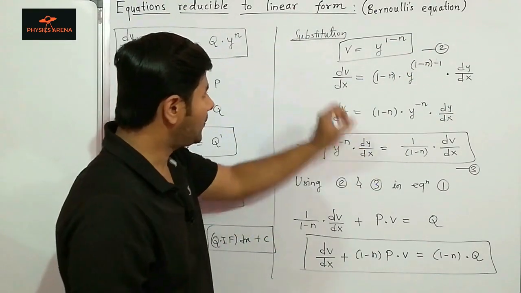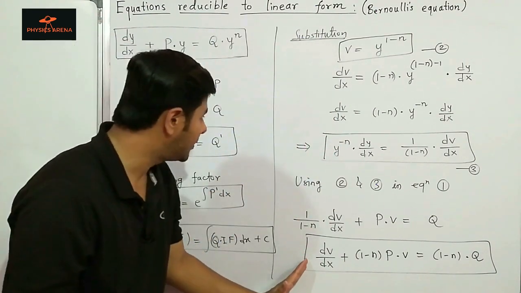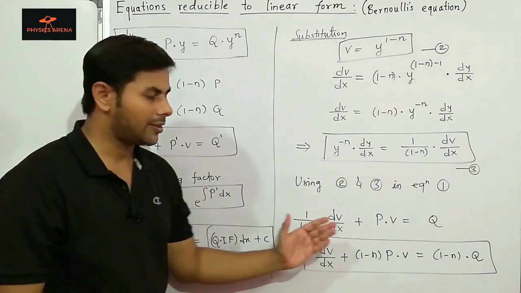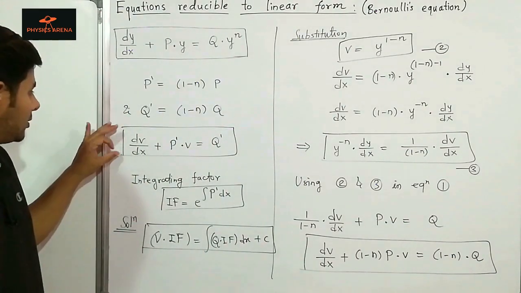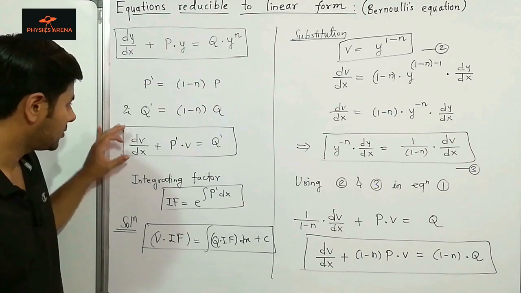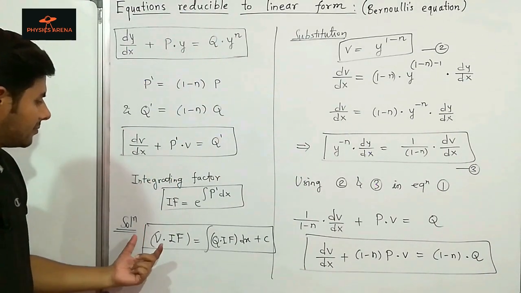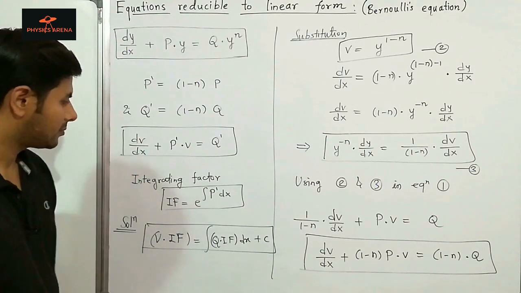After that, the given equation gets reduced to a first order linear differential equation, which can be solved by using the method of integrating factor, and this is the solution.